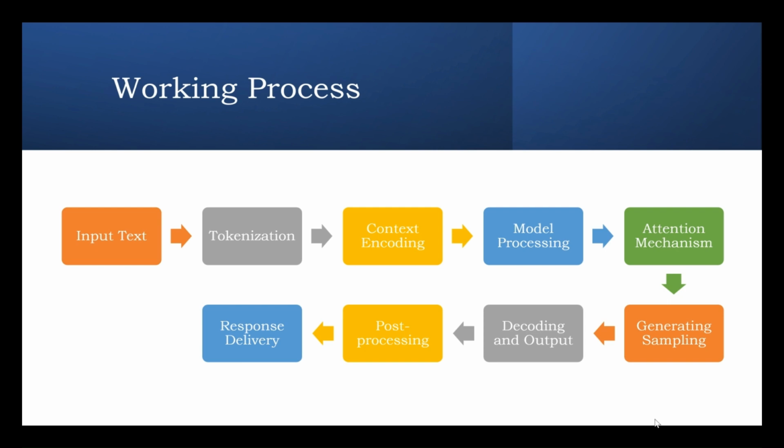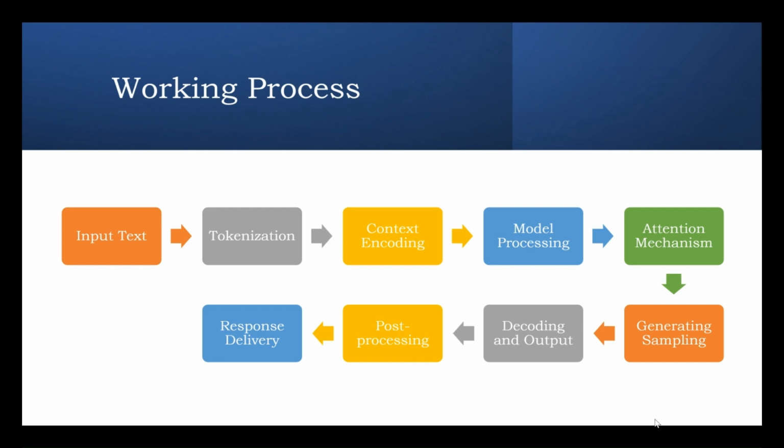After that, it goes to generation and sampling. In this, it generates a response by predicting the most likely next token based on the input and its internal knowledge, and a sampling technique can be applied to introduce randomness in the response generation, resulting in more diverse and creative outputs.